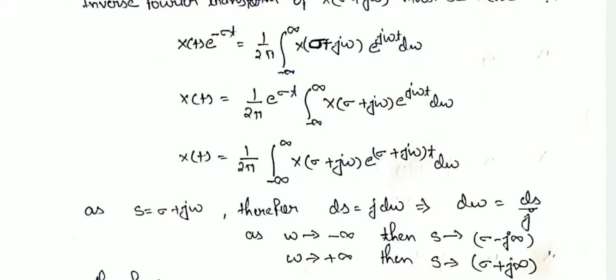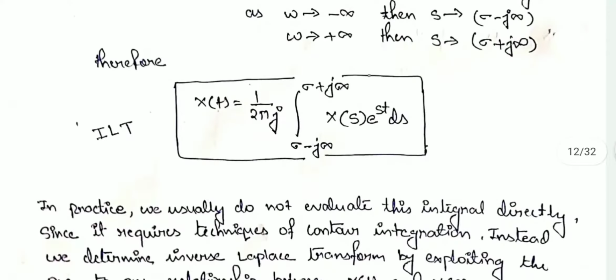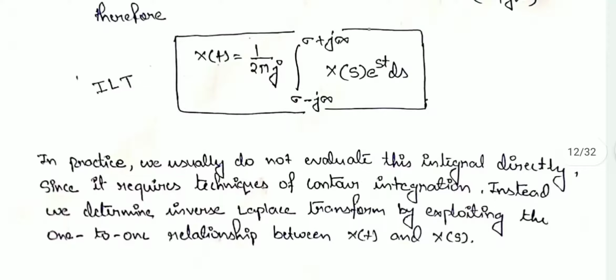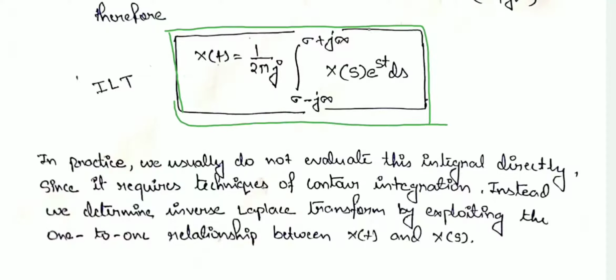Therefore, our inverse Laplace transform is x(t) equal to 1 upon 2 pi j times the integral from sigma minus j infinity to sigma plus j infinity of X(s) e to the power st ds.